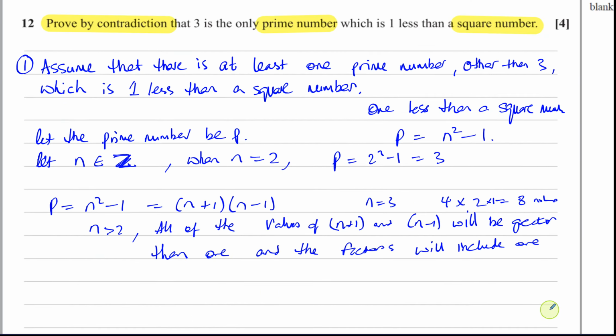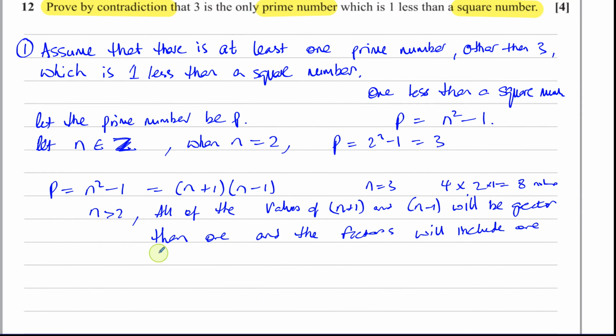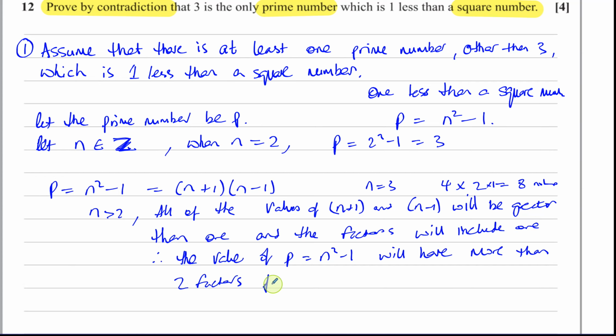So therefore the value of P, which is equal to n squared minus 1, will have more than 2 factors for all n values greater than 2.